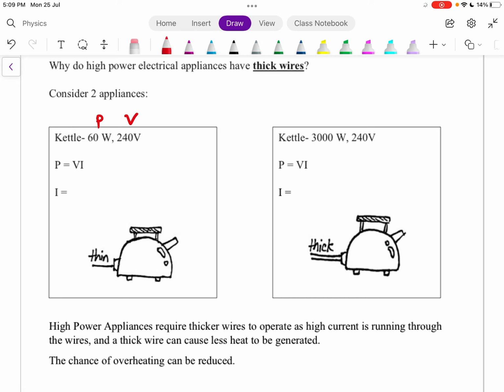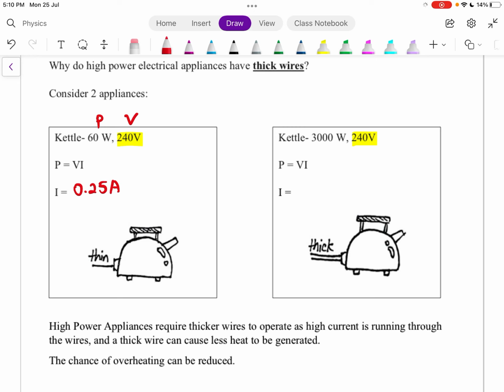So 60 divided by 240, you will get roughly 0.25 ampere. So this kettle is drawing a current of 0.25 ampere when it's connected to a 240 volt supply. 240 volts is roughly the voltage of your Singapore socket. So 0.25 ampere is for the first low power kettle.